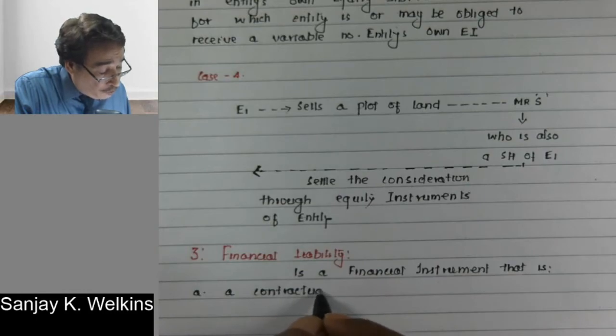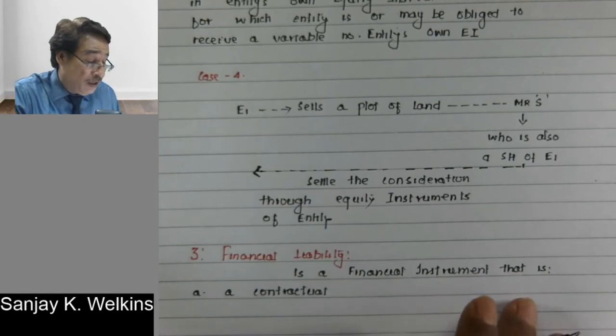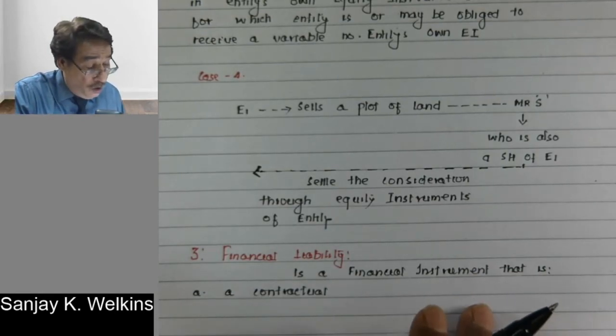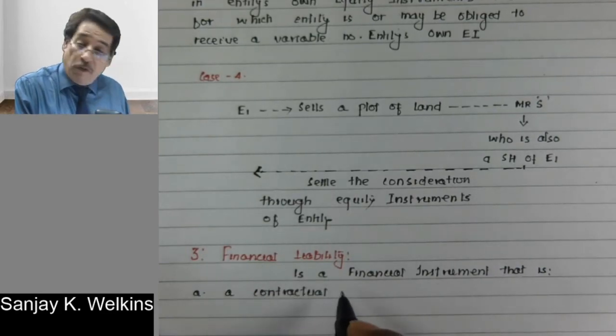In case of financial asset, we write contractual right to receive cash or financial asset. In case of financial liability, we will write a contractual obligation to settle, what we call cash or financial asset.